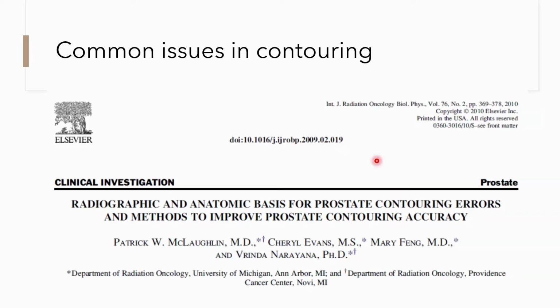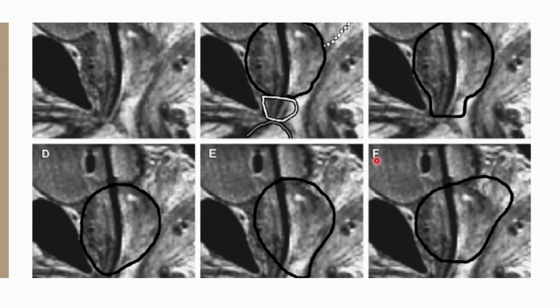I would strongly recommend you take a look at this paper. It shows diagrammatically how we usually go wrong. This is without any boundaries drawn. This is with the correct boundaries drawn. This is the prostate gland, this is the urogenital diaphragm area, and this is the penile bulb.